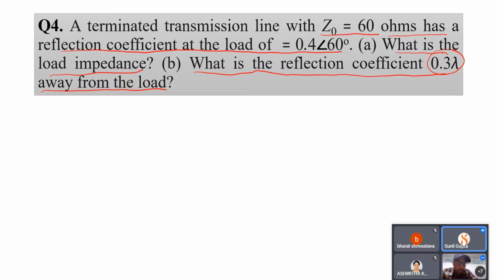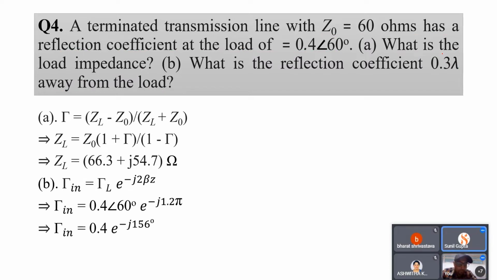We have to use the formula of the reflection coefficient. Yes. So here is the formula for calculating the reflection coefficient. Gamma is defined as ZL minus Z naught divided by ZL plus Z naught. Here Z naught has been given, which is 60 ohm, and the reflection coefficient is also given, which is 0.4 e raised to the power j60.